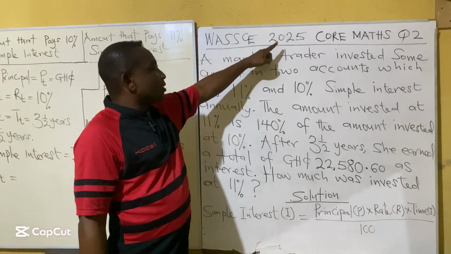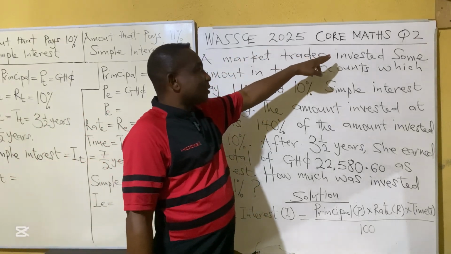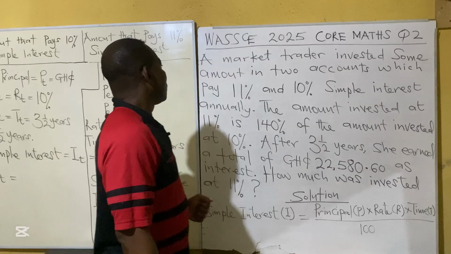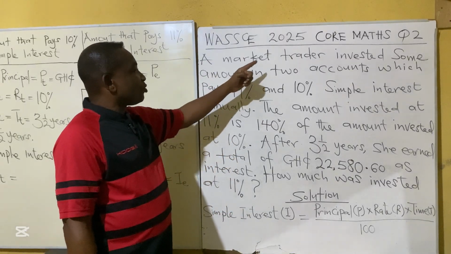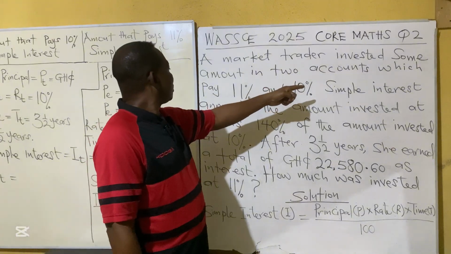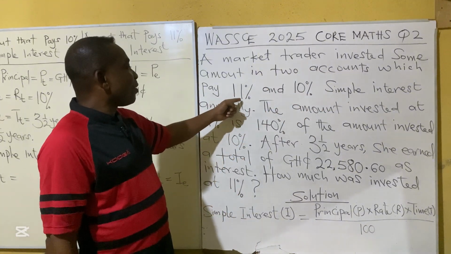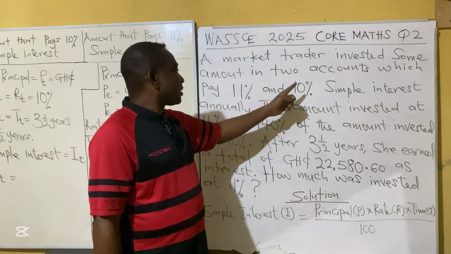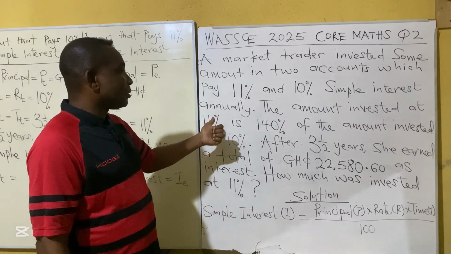WASSCE 2025, Core Mathematics, question number 2. A market trader invested some amount in 2 accounts, which pay 11% and 10% simple interest annually.